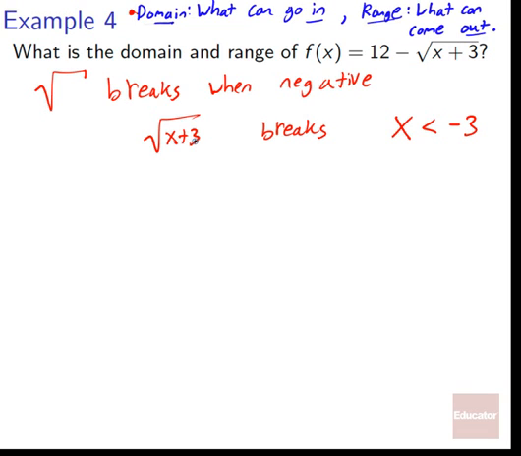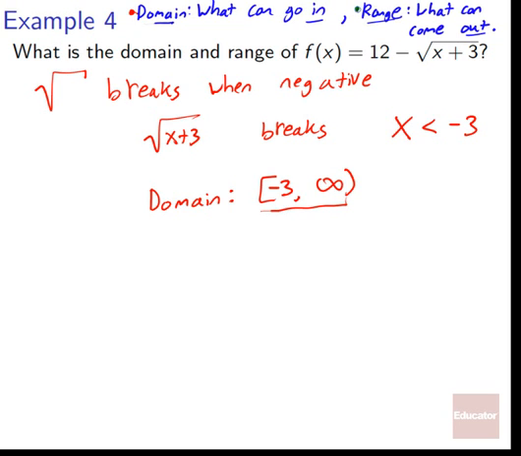If we put in -50 billion, then we'll get square root of -50 billion plus 3, which will definitely still be negative. So it only stops being a negative inside when we actually get to -3. So -3 is an allowed value because square root of -3 plus 3 would be square root of 0. We do know what the square root of 0 is. It's 0. So the domain works for -3 and higher, right? Everything is still reasonable higher than that. So our domain is going to include -3, and it's going to go anything higher than that. So that is our domain.